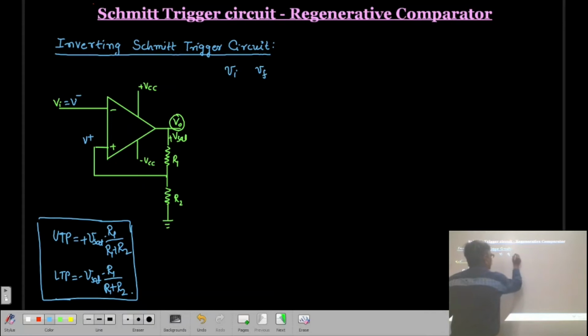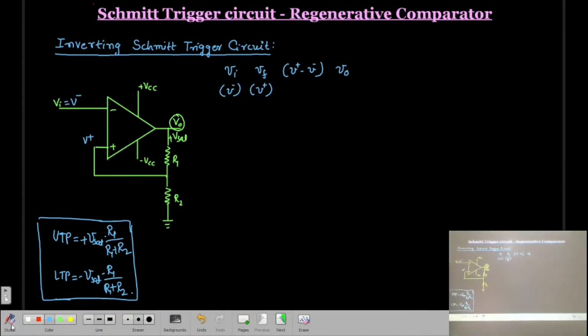When the feedback voltage is there, what is the relation between V plus and V minus? And then we will see the output voltage. Remember that my input voltage is nothing but V minus, and the feedback voltage is nothing but V plus. And here we will see the relation.